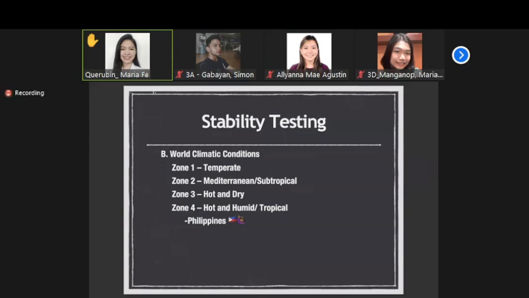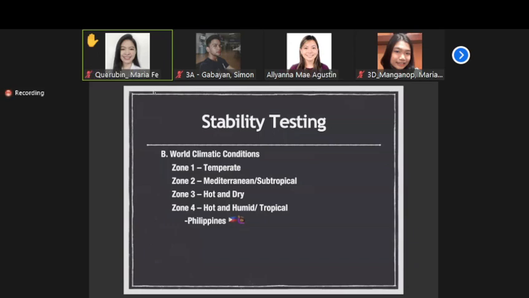For example, sa Middle East is medyo mainit pa rin. And then sa America or something is medyo malamig yung room temperature po nila. Tapos sa atin kasi, ma'am, is like whole year completely constant po yung room temperature, kaya important po ang zone.